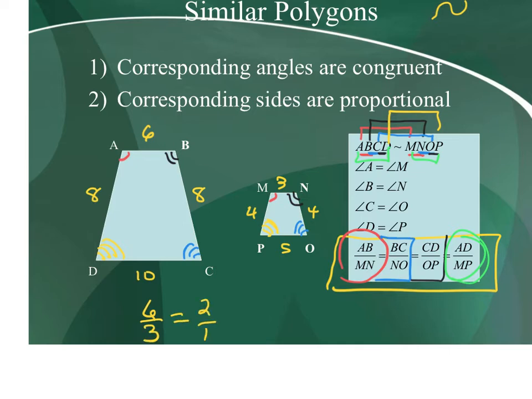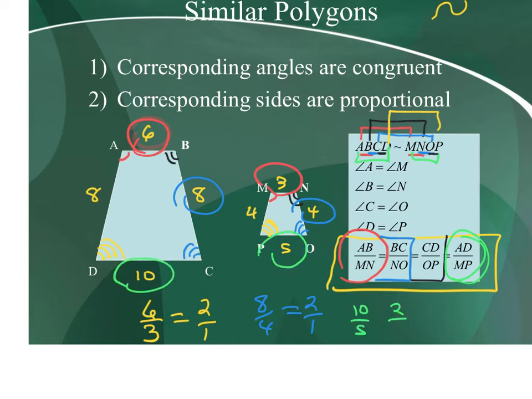Then if I take the next two sides, so I've already matched these two. Now if I take the second match, BC over here, 8 to 4 simplifies to 2 to 1. And then if I do DC to OP, that's 10 to 5, so it's 2 to 1.